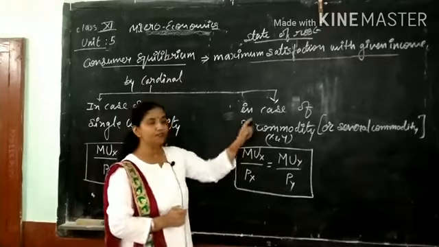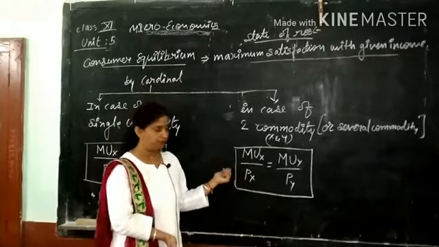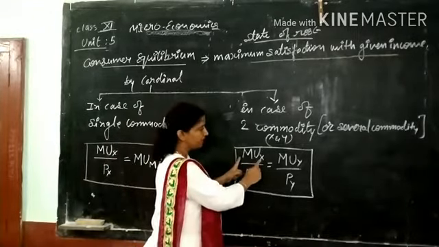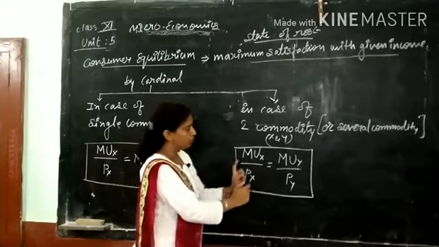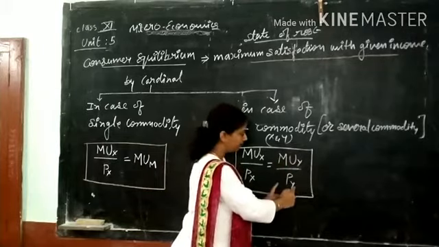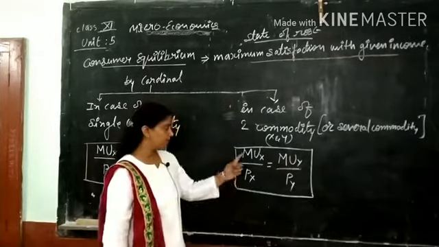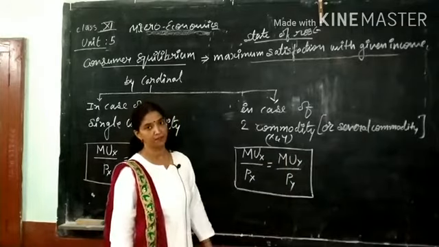So in case of two commodities, the equilibrium condition is that the ratio of marginal utility of X and price of X should be equal to the ratio of marginal utility of Y and price of Y: MUX upon PX should be equal to MUY upon PY.